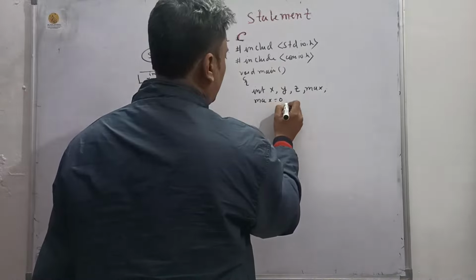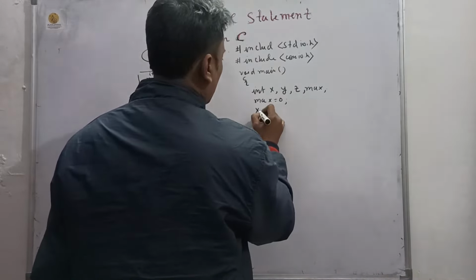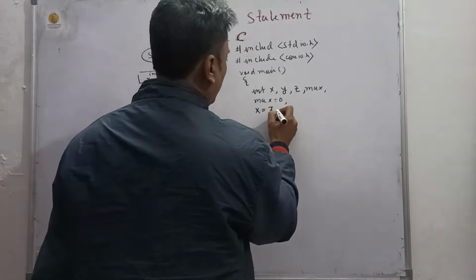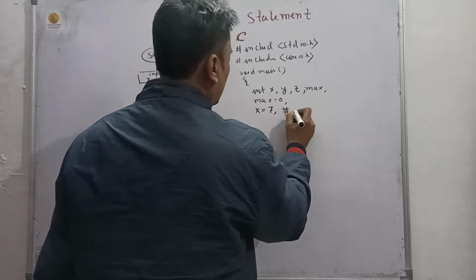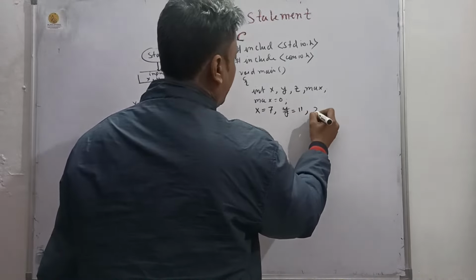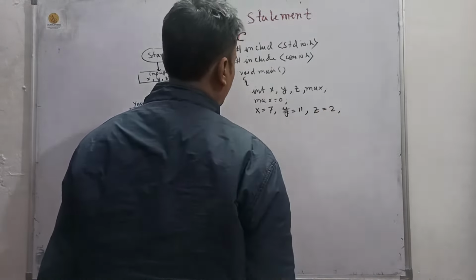Initialize max with 0. Suppose I store x equals 7, the value of y equals 11 and the value of z equals 2.